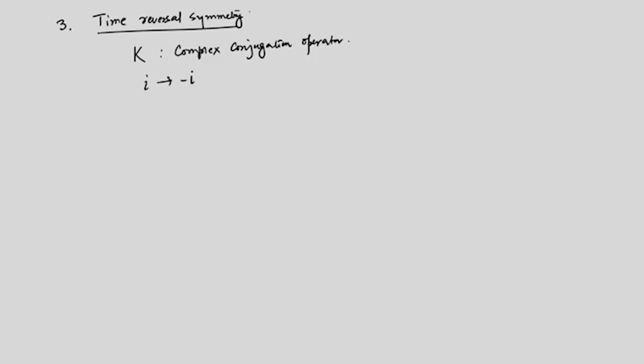Okay. So under this you can see that your dx(k) becomes equal to dx(minus k). So what you need to look at is what is K h(k) K dagger equal to. So the x component of the d vector transforms according to this, and dy will pick up a minus sign, which is dy(minus k) and so on.